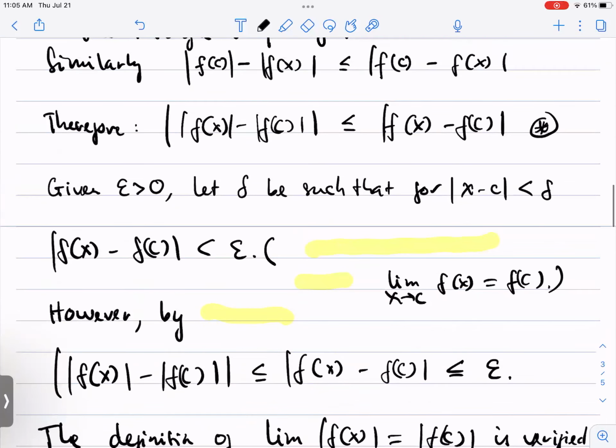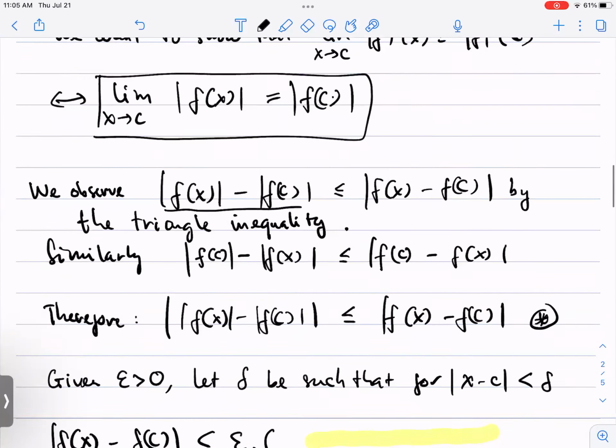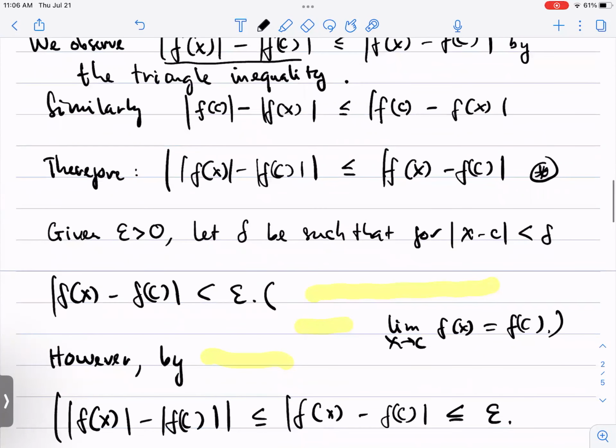Now, we have a very, very important estimate which is going to allow us to verify the definition for continuity. The definition for continuity is given in terms of an epsilon delta statement. So we repeat it here.